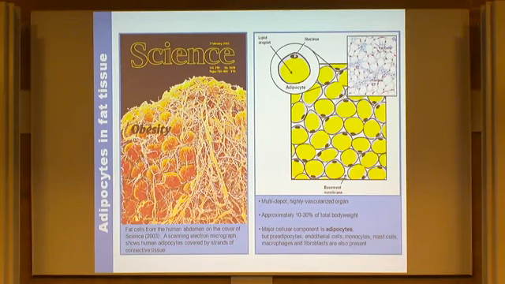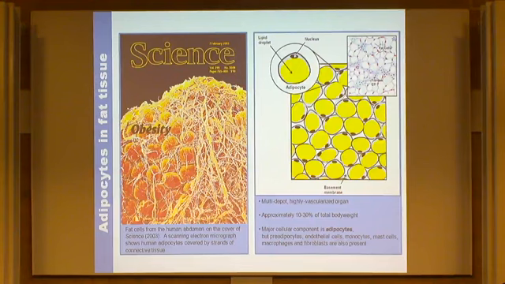Some other things that I should mention is that fat tissue is much more than just an energy storage machine. People think of it as kind of an energy storage depot, but it's more than that. It's a whole organ with a series of functions.